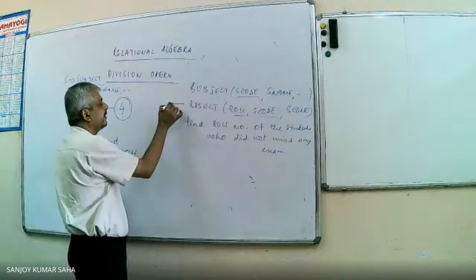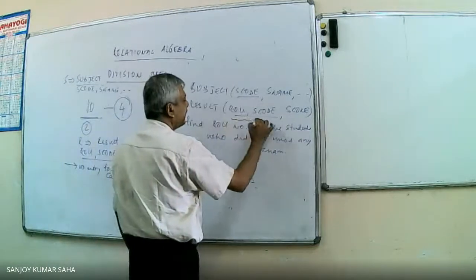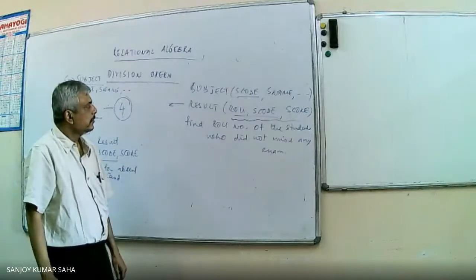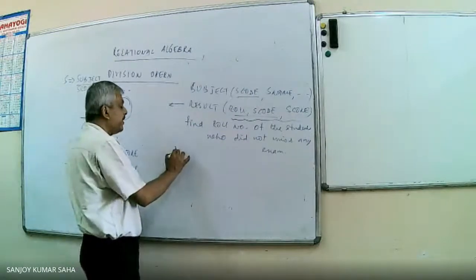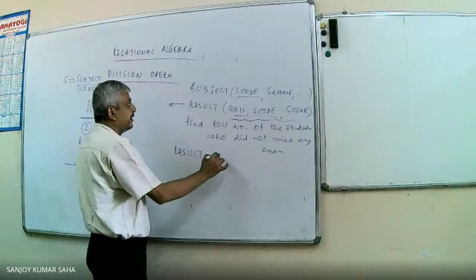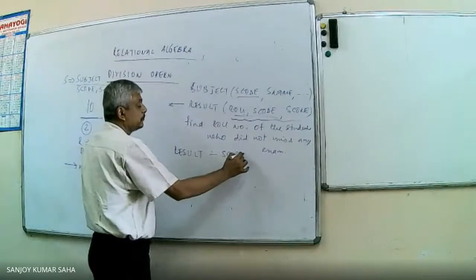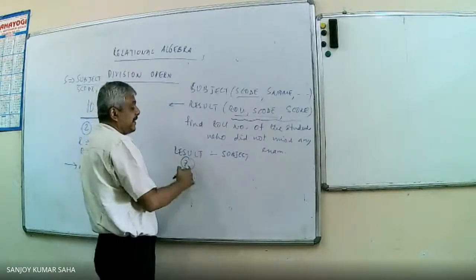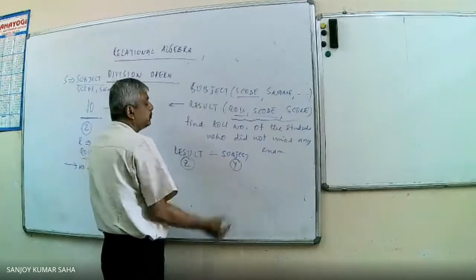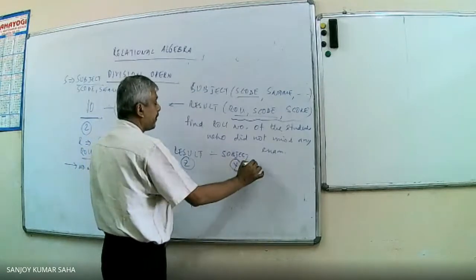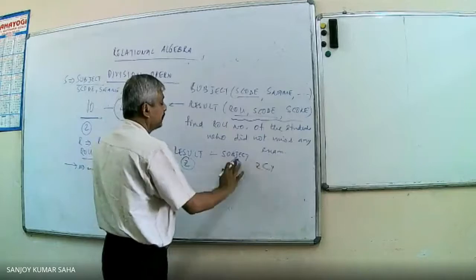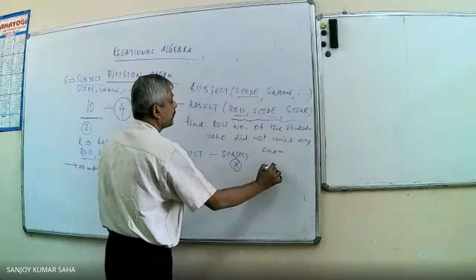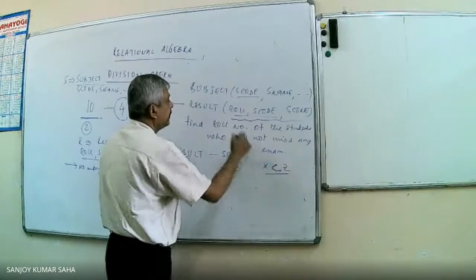Now, if I consider, say, this is R, then this is Z, the set of attributes. We cannot write it like this, result divided by subject, because if we try to remember, if the set of attributes Z is here, say this is Y, say this is X, so X must be a subset of Z. That is not true.